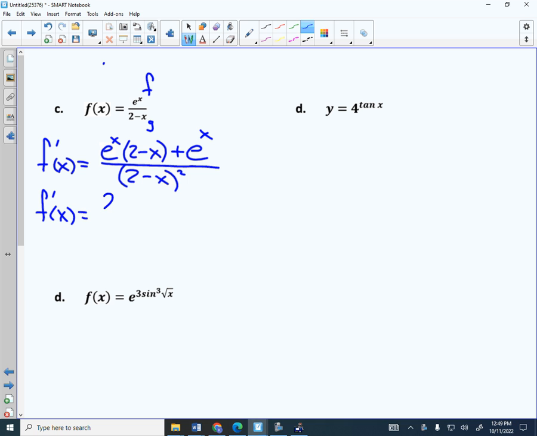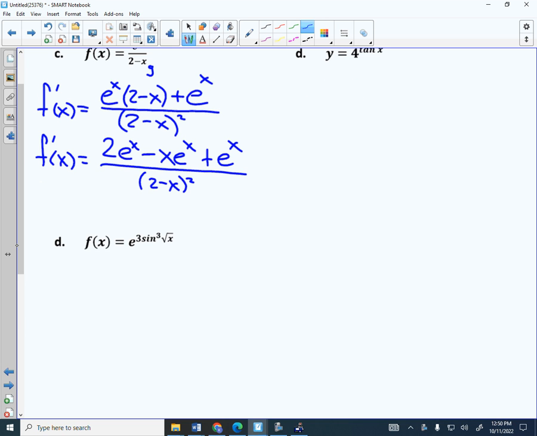You would get 2e to the x minus x e to the x plus e to the x, all over 2 minus x quantity squared. What can you combine together? 2e to the x and e to the x make? Good. So the numerator is 3e to the x minus x e to the x.